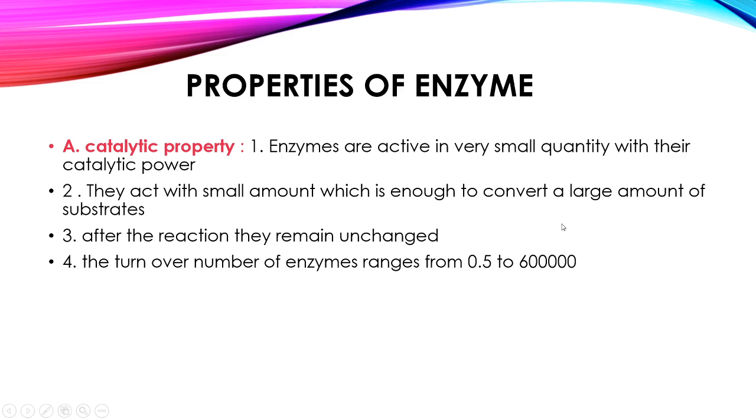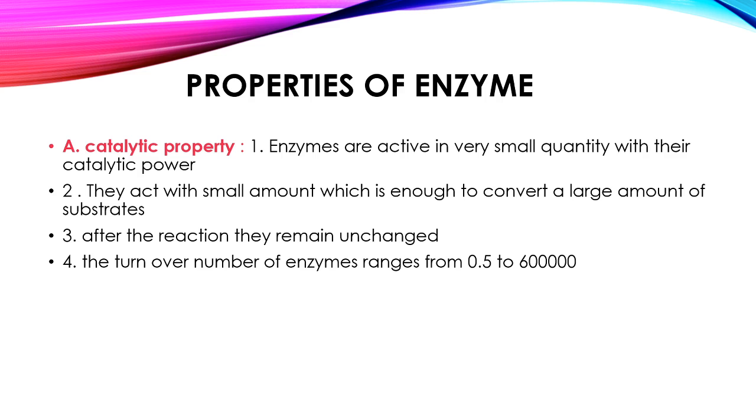So there will be a question in your mind: what is the turnover number? The turnover number is the number of substrate molecules converted by one molecule of enzyme per second when its active site is saturated with the substrate.